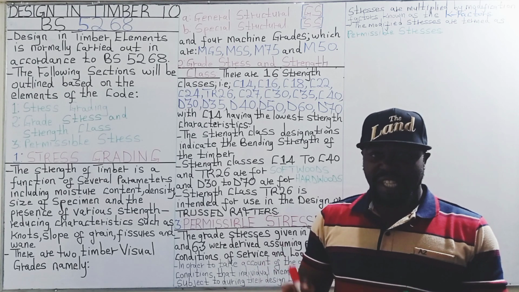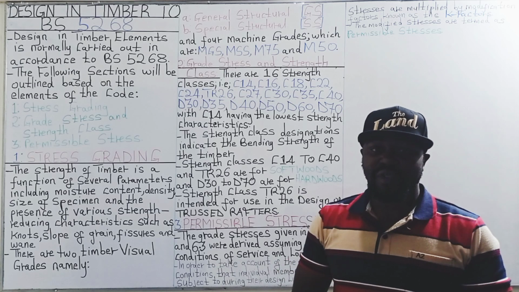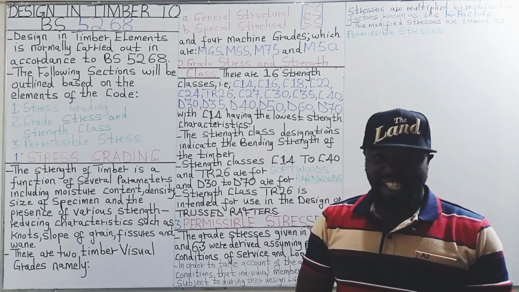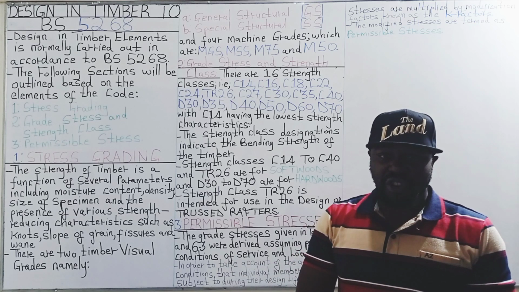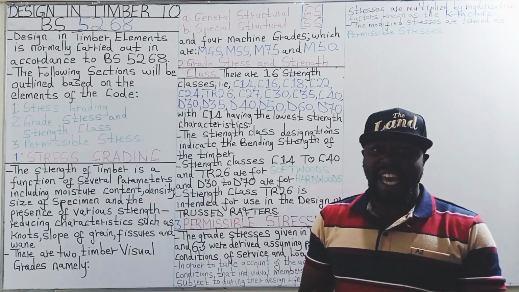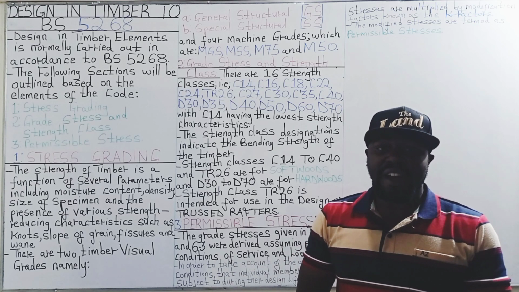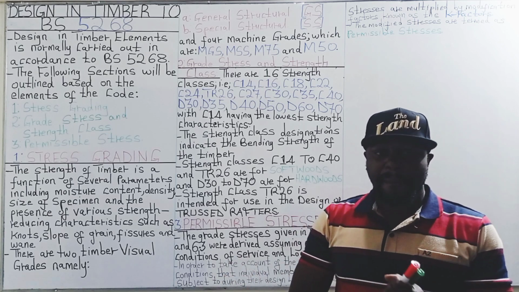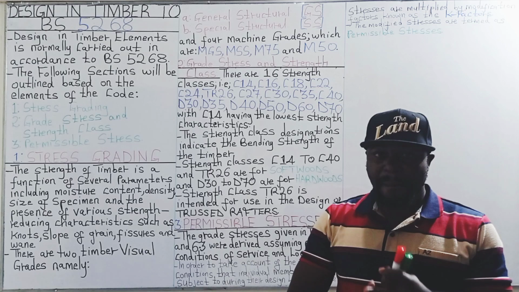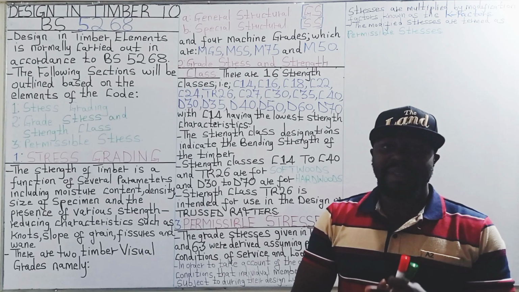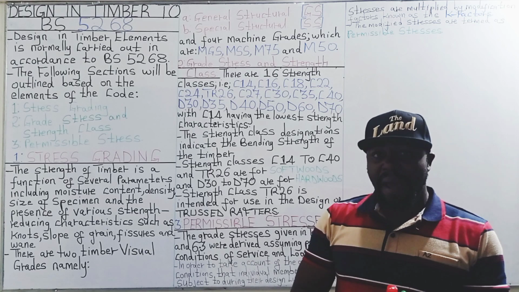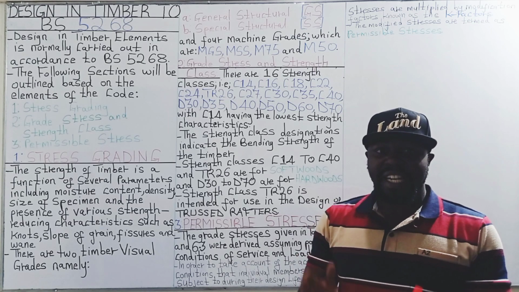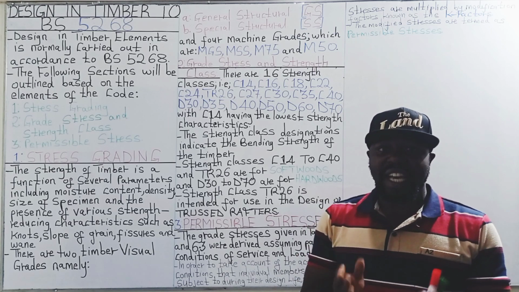We have two timber visual grades, which include the general structural, which is denoted by GS, and the special structural, which is denoted by SS. We also have four machine grades, which include the MGS, MSS, M75, and M50.